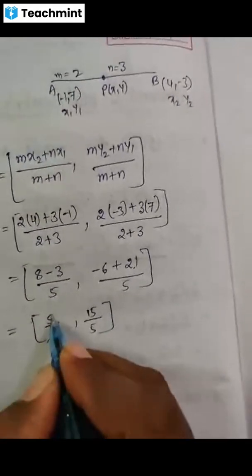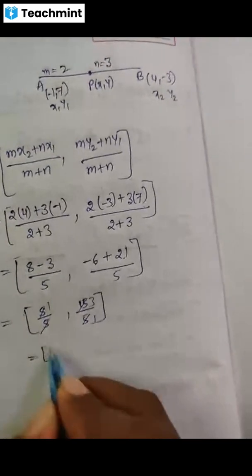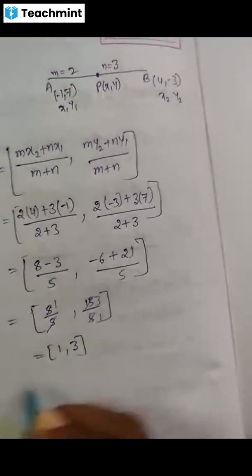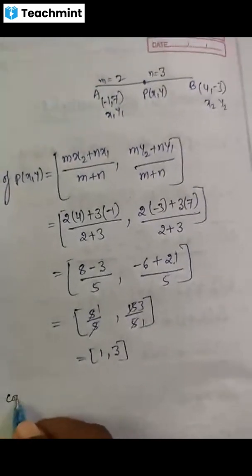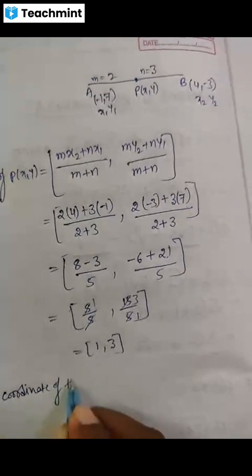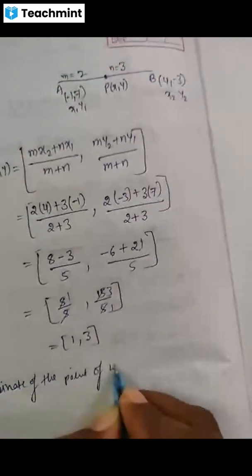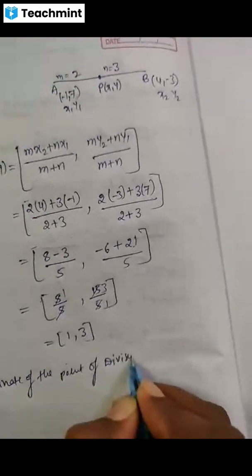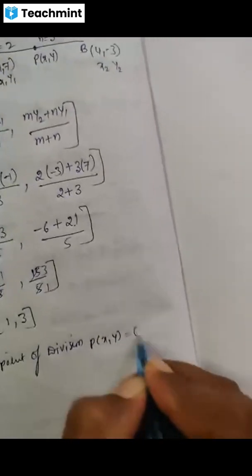That is equal to (1, 3). Therefore the coordinates of the point of division P(x, y) are (1, 3).